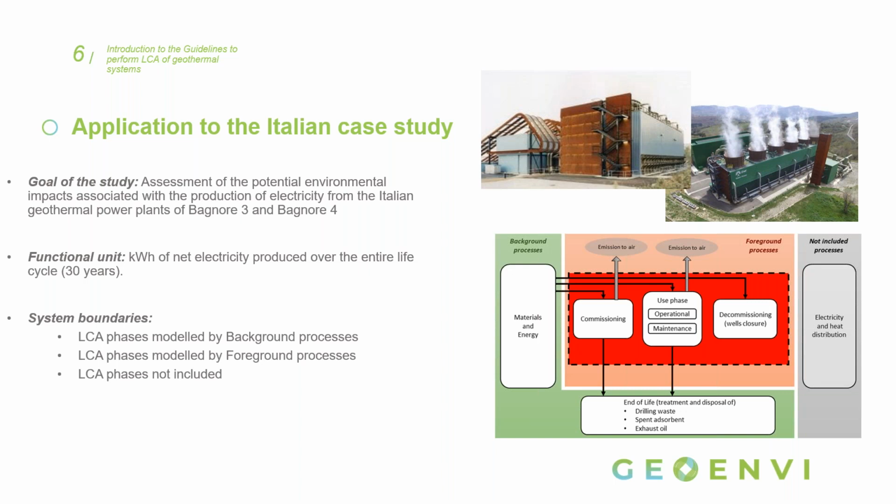The functional unit was set to the kilowatt hour of net electricity produced over the entire life cycle of the two power plants, and system boundaries were defined in order to have all the background processes represented by secondary data, and to have the foreground system composed by the commissioning, the use phase, and the decommissioning, meaning the closure of the wells of the geothermal power plant.